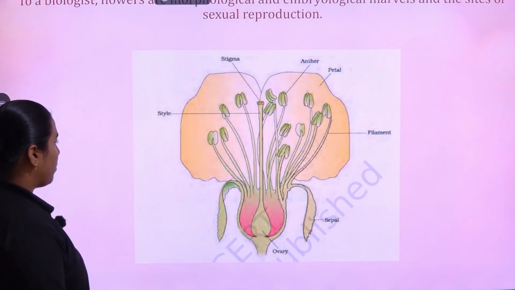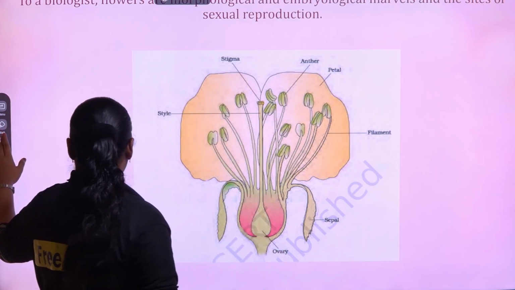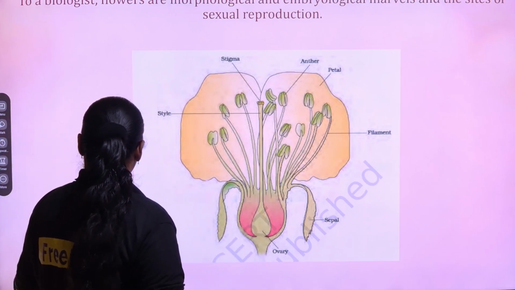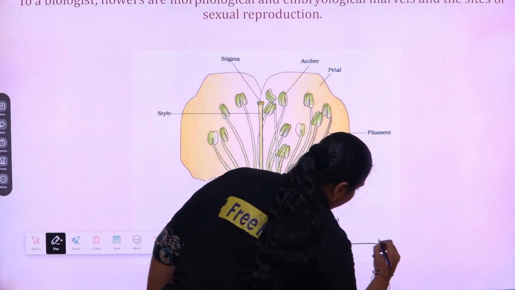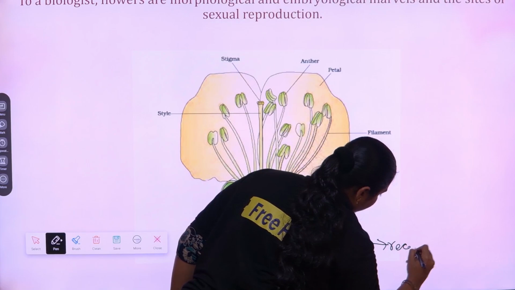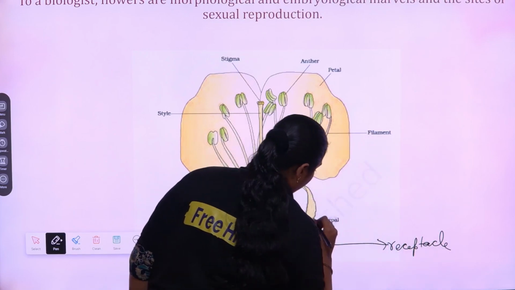Okay, let me put it again. This is receptacle. This basal portion is receptacle or thalamus. Okay, this is sepal.